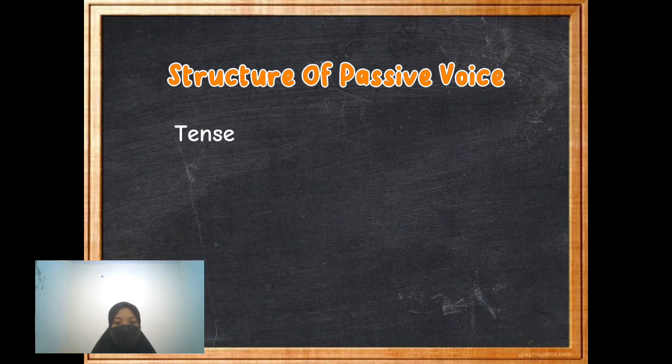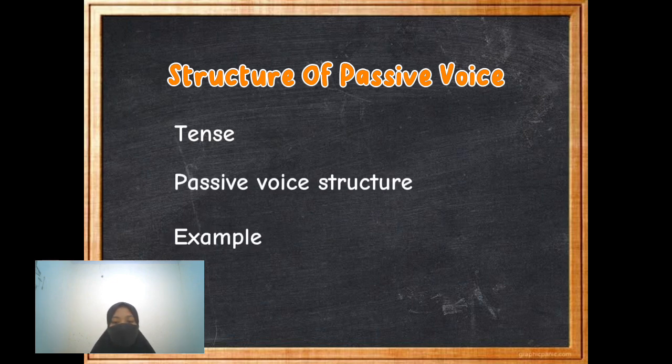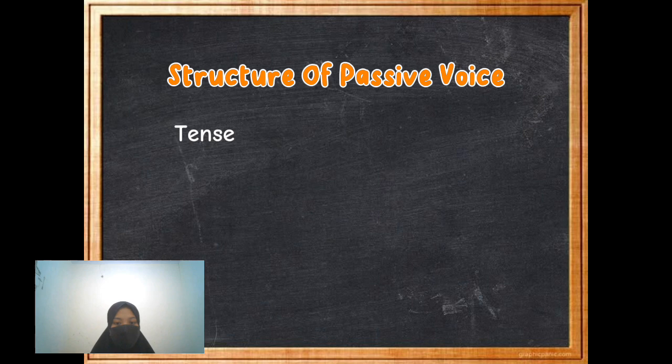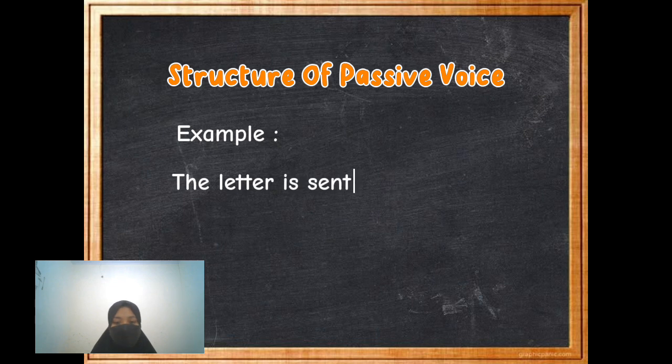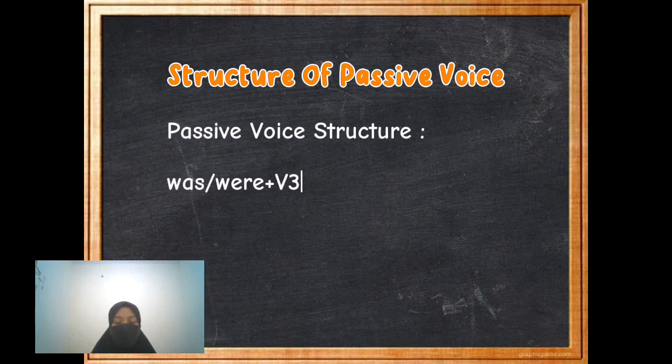Okay, next, tense and passive voice structure and examples. Example 1, present simple: am, is, are plus V3. For example, the letter is sent. Next, past simple: was, were plus V3.